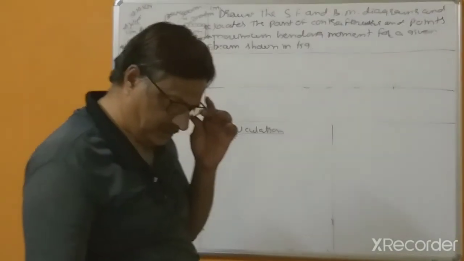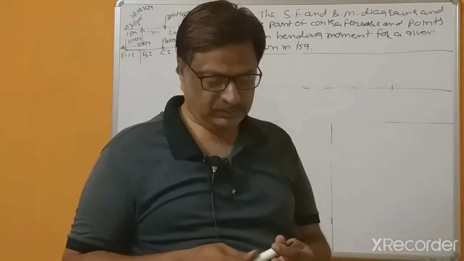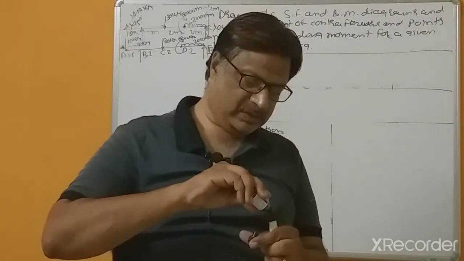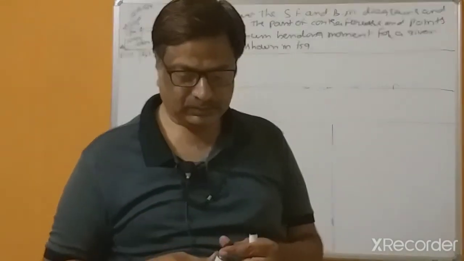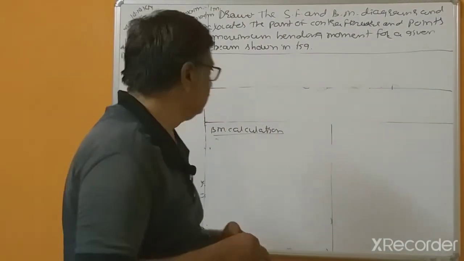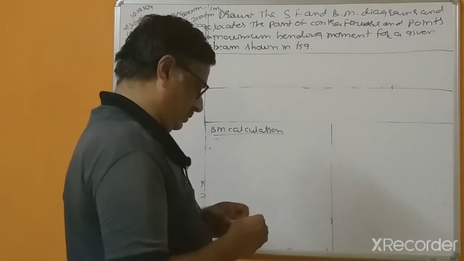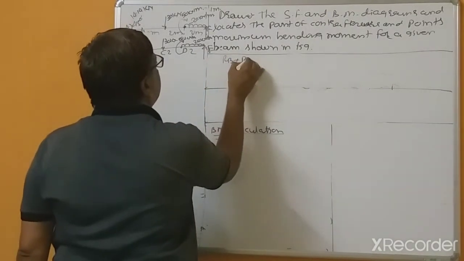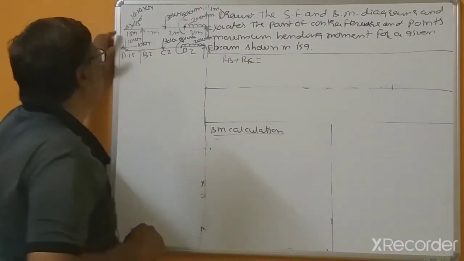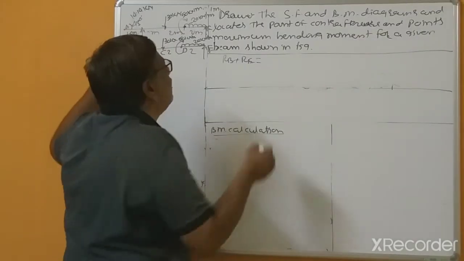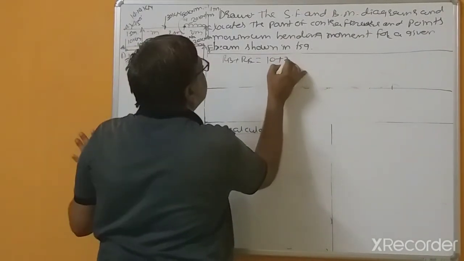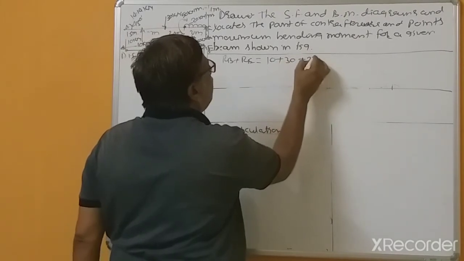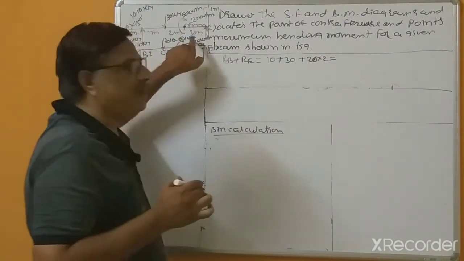Alright. So first we'll calculate the reactions at B and E, and after that we can draw the shear force diagram directly. So RB plus RE equals 10 kilonewtons downward plus 30 kilonewton, this is the concentrated load, and the uniform distributed load 20 kilonewton per meter, so 20 multiplied by 2, because this is per meter and the distance is 2 meter.